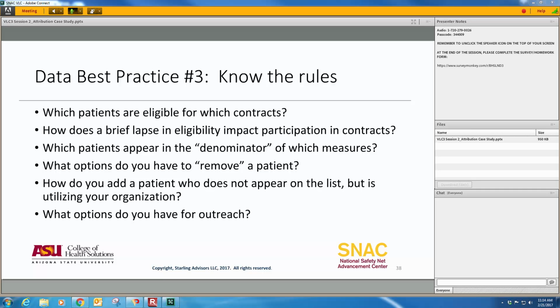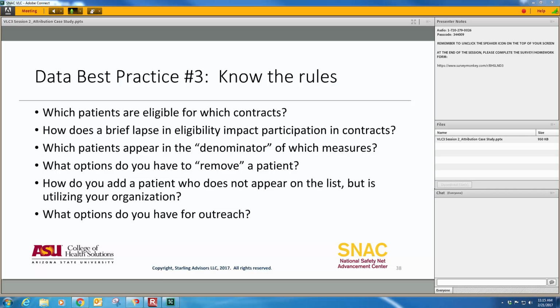If there's a discrepancy between the two data sets, for example, if you have documented a certain test that would qualify for the numerator of a quality measure, but the plan doesn't have that data, how do you get them that data? What do you have to do to make them aware of that data? Are there rules specifically defined for data discrepancies?